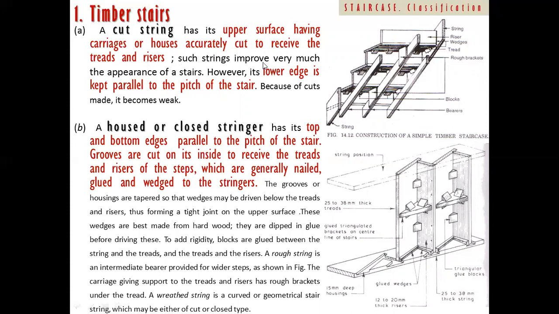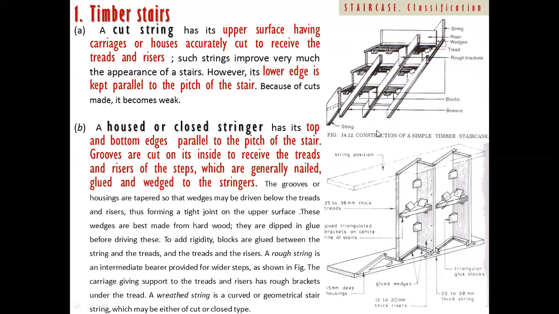Such strings improve the appearance of a stair very much. However, its lower edge is kept parallel to the pitch of the stair. Now you can see this is the stringer. Okay, so this stringer runs all along the staircase.